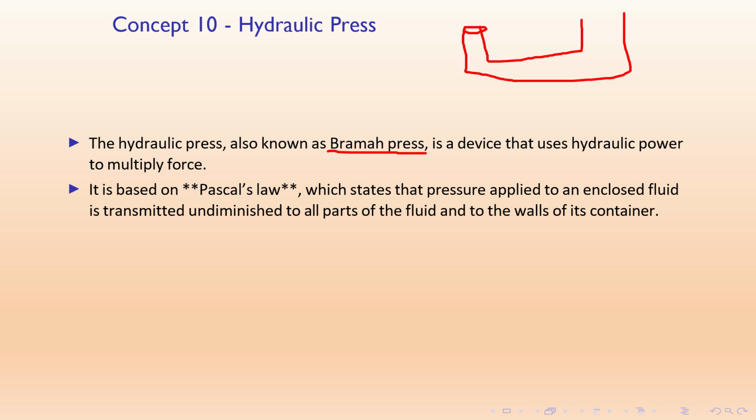Here it will be a smaller area and here a larger area, and when force is applied on the piston of this one, it increases here. It is based on Pascal's law. The hydraulic press or Bramah press, both are the same, and they work on the principle of Pascal's law.